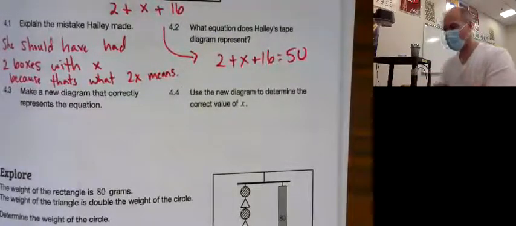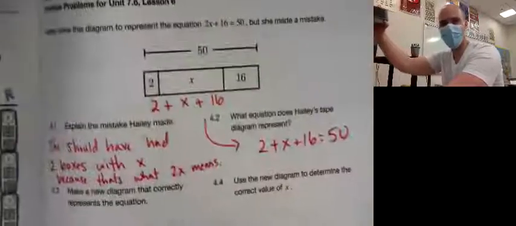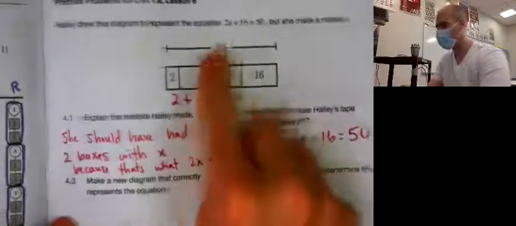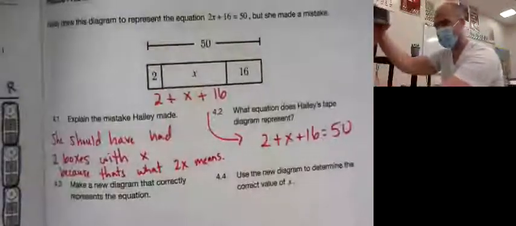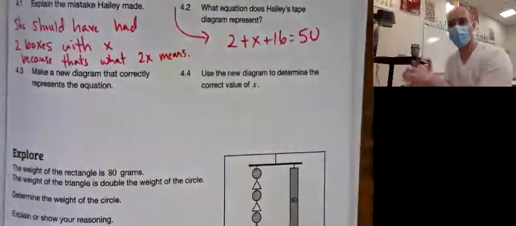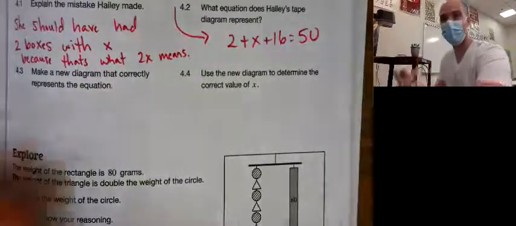Okay, so what I'm going to do is, instead of having a 2 and an x and a 16, I'm going to have 2 x's, because that's what the term 2x means. And since when you're working in an equation, if there's x's in the same equation, those x's have to be the same number. And so you want your x boxes to be the same size in this diagram.